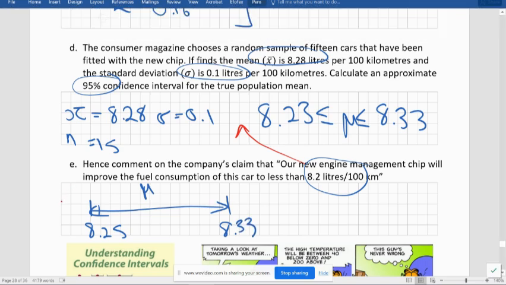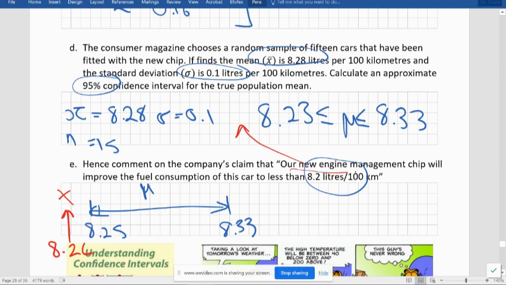So like I said, we can't really prove exactly where it is, but there it is there. There's the claim, all right? So they're claiming that 8.2 is there. It's not in there, is it?